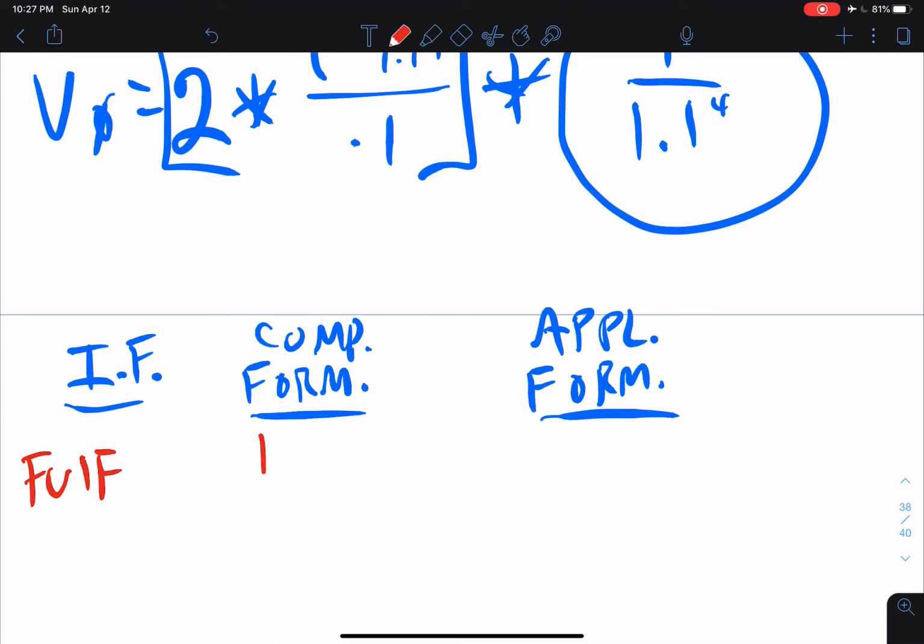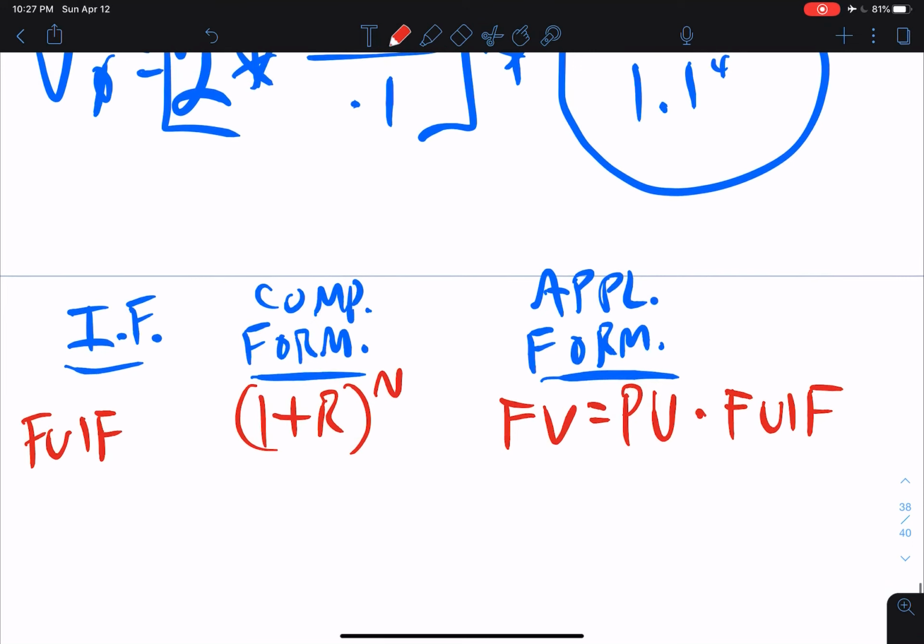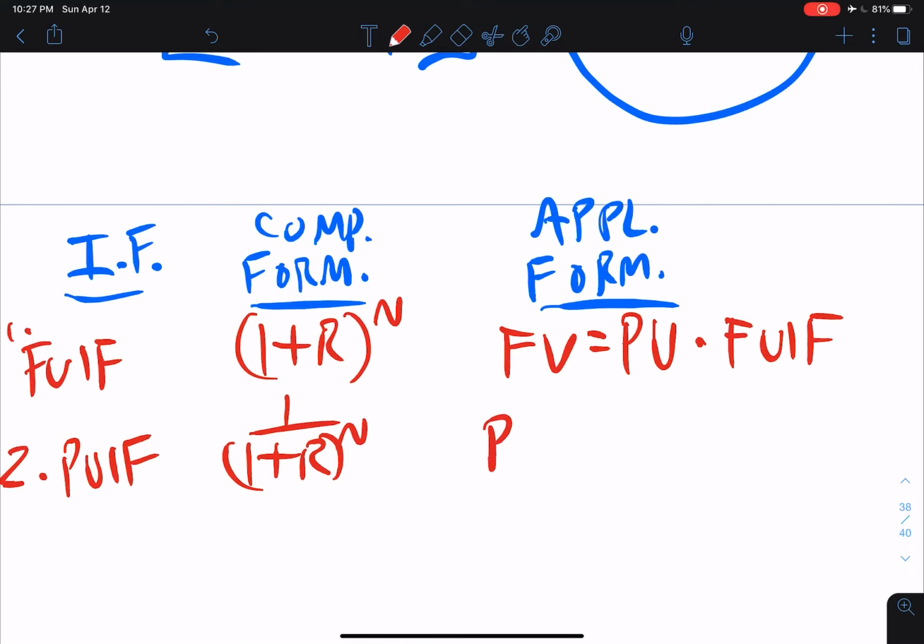The computational formula was 1 plus r to the nth power. And the application formula was future value equals present value times future value interest factor. Okay, that's number 1. Number 2 was present value interest factor, and that computational formula is 1 over 1 plus r to the nth power, and the application formula was present value equals future value times the PVIF.